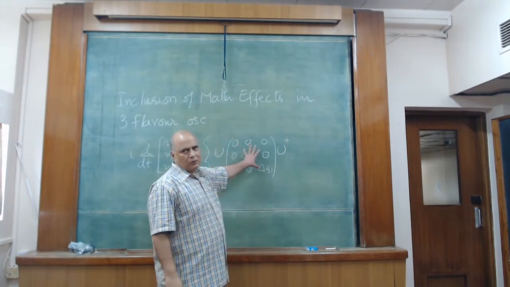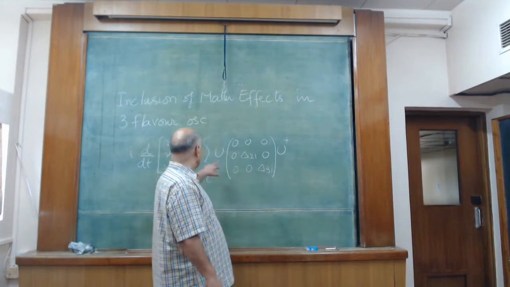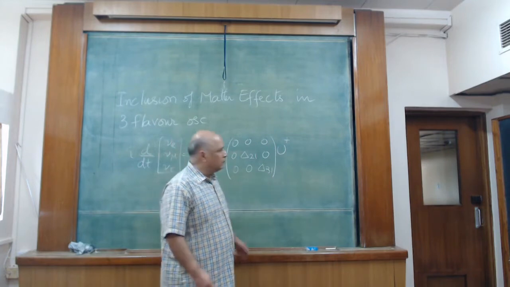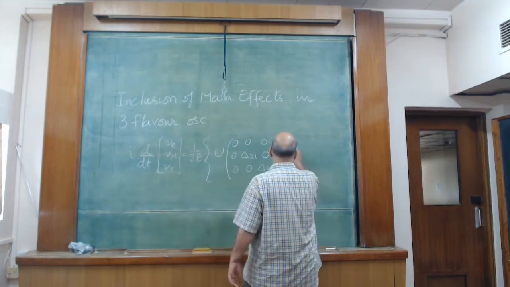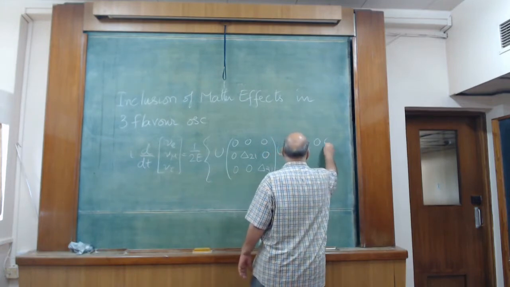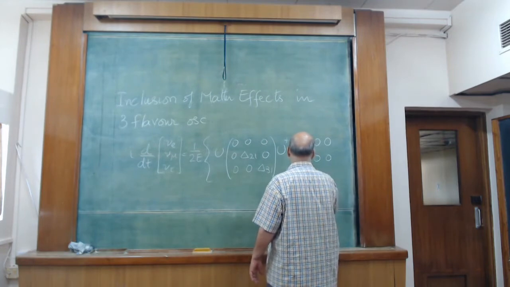So this is of course the Hamiltonian in the mass basis, and to go to the flavor basis we multiplied by the PMNS matrix, made the similarity transformation, and then we added the matter term which is diagonal in the flavor basis.